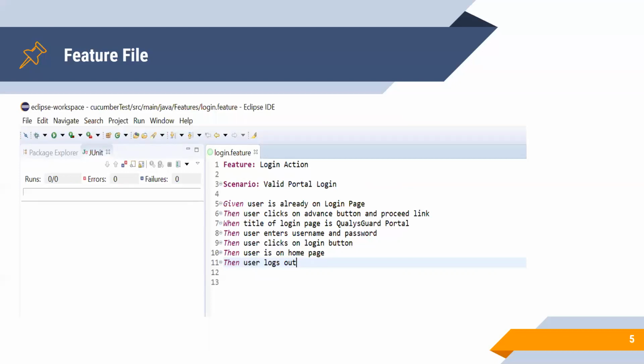You can have any number of scenarios in one feature, and then using the given, then, when, and but keywords, you can define the scenario. As you can see, it is very easy to read this scenario, and anyone can understand what will happen after this scenario is executed. In this way, the BDD framework helps us when we want to communicate the behavior of a feature or a system to a non-technical user.